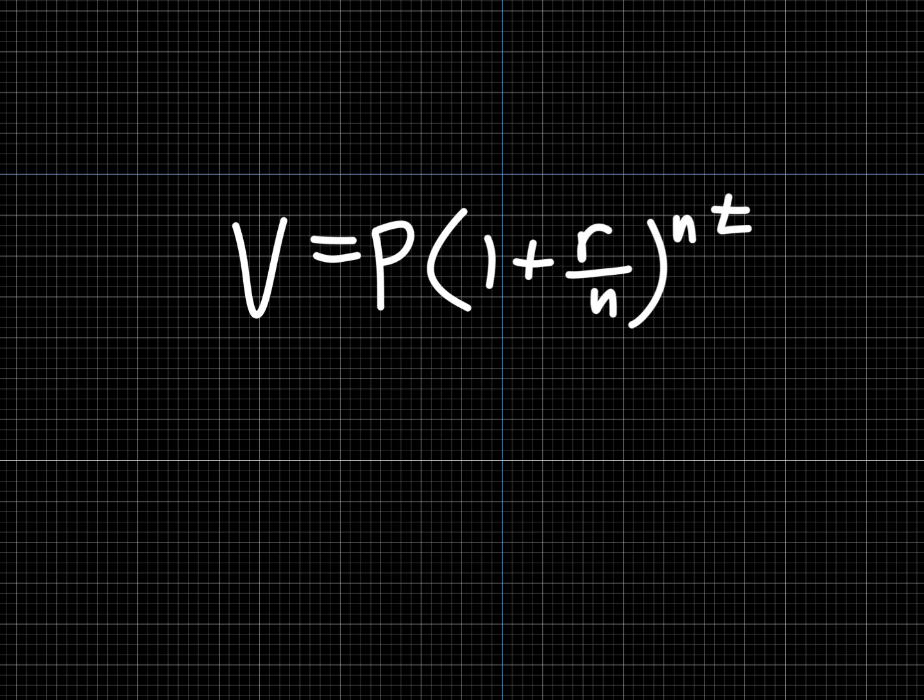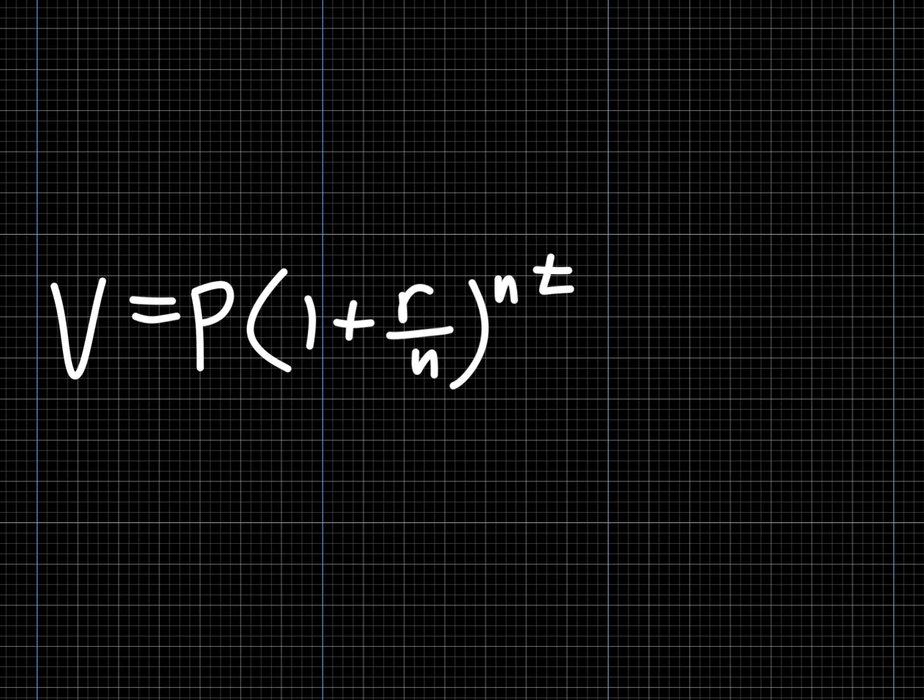Take a wild guess and write down what T stands for. Say it if you know it. Time is correct. Take a wild guess and say it out loud. What's R? Rate. And how about P? Principal.